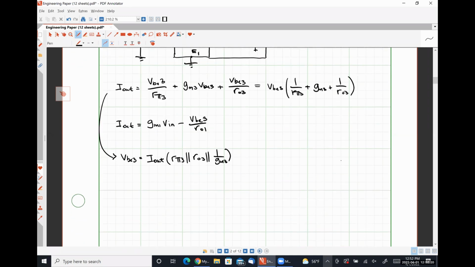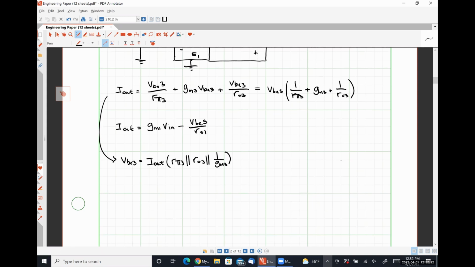So if we substitute this relationship into our above one, we have I out is equal to GM1 VN minus I out times R pi 3 in parallel with R naught 3 in parallel with 1 over GM 3, all divided by R naught 1.